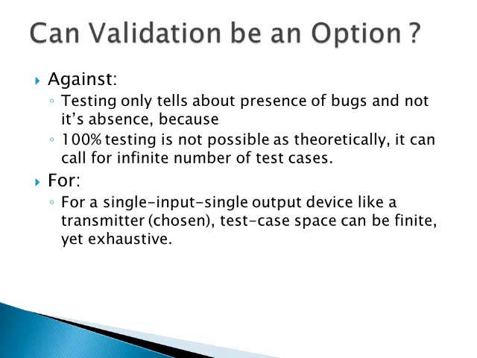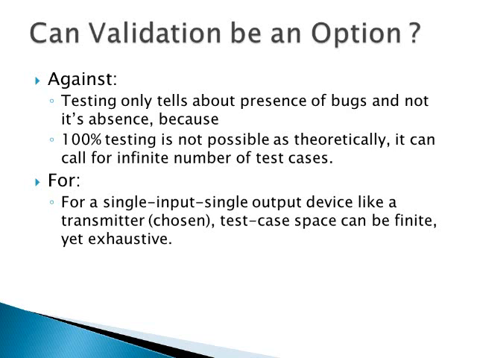By testing, can we really prove that this transmitter is qualified for use in a safety critical system? It is well known that testing can show the presence of bugs, but it doesn't guarantee the absence of bugs, because 100% testing is not possible. Still, there is hope.